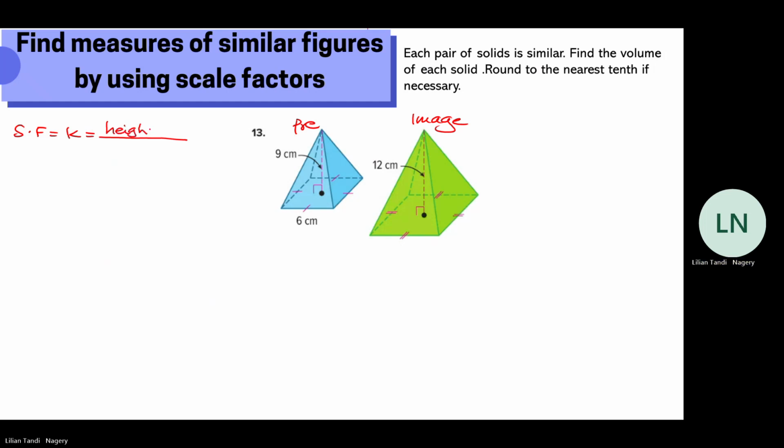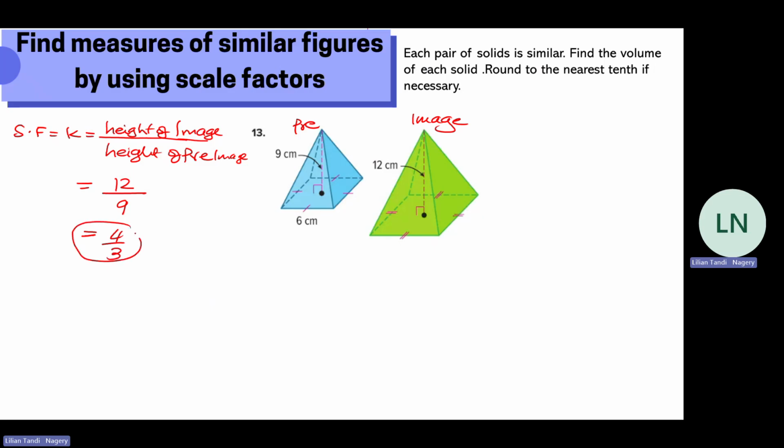Height of image divided by height of pre-image. Image height is 12, sorry, it's not 9. Image is 12 and pre-image is 9. If I simplify this, I will get 4/3. This is an important number.